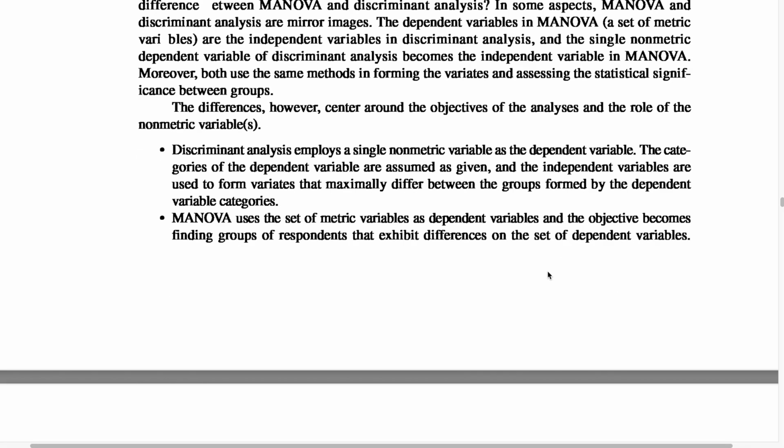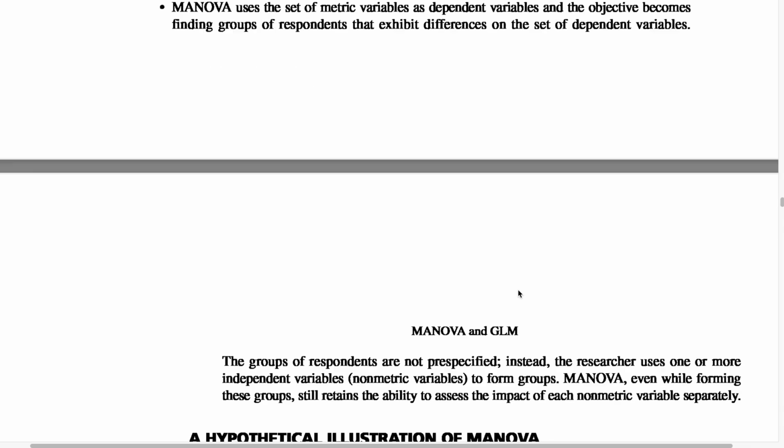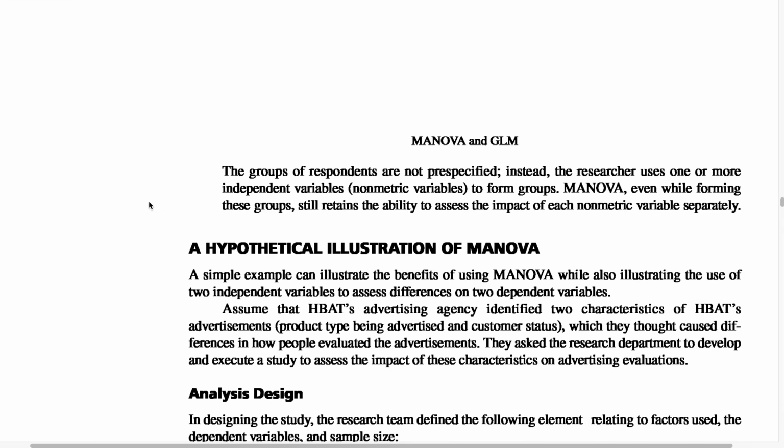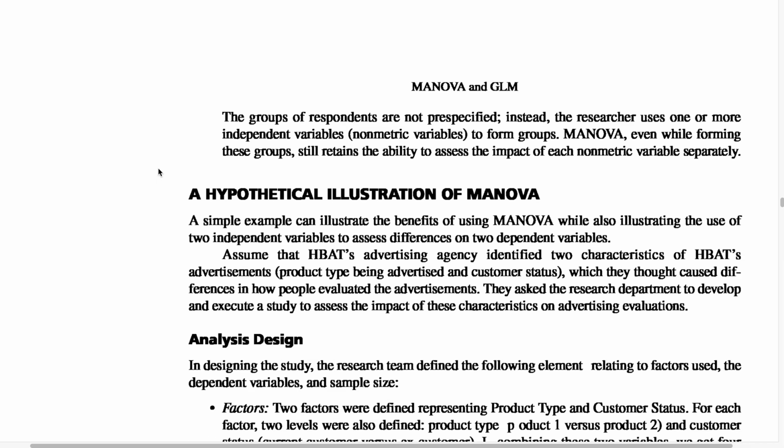MANOVA uses a set of metric variables as dependent variables, and the objective becomes finding groups of respondents that exhibit differences on the set of dependent variables. The groups of respondents are not specified. Instead, the researcher uses one or more independent non-metric variables to form groups. MANOVA, even while performing these groups, still retains the ability to assess the impact of each non-metric variable separately.